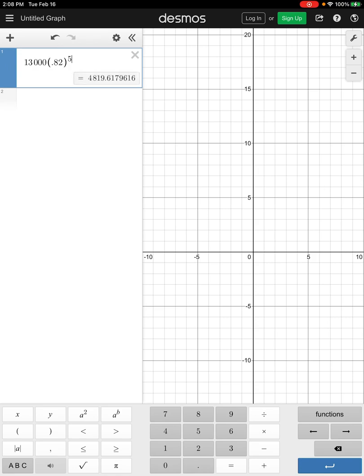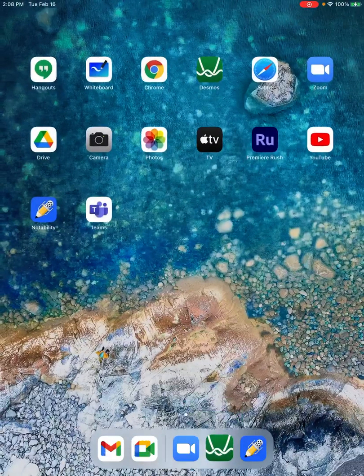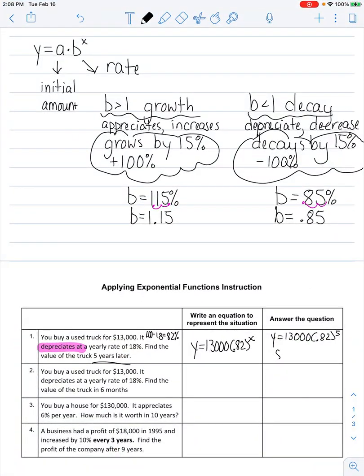So let's make this look like money. $4,819.62. So I used an exponential function to help me find the value of the truck in 5 years. So now let's keep going.